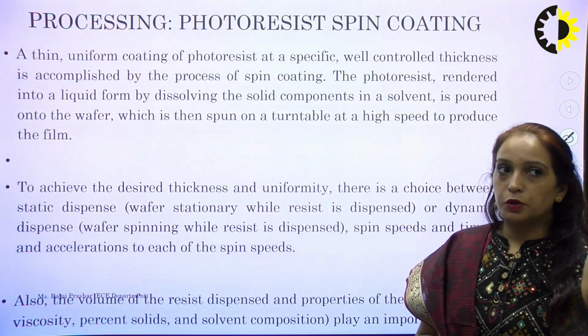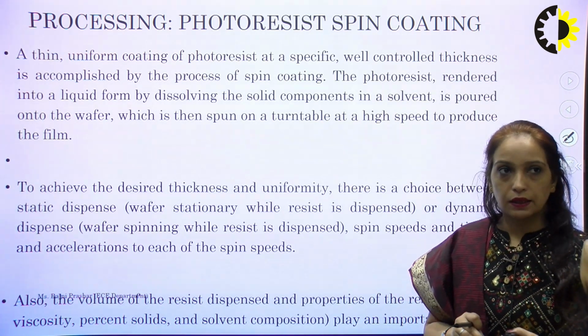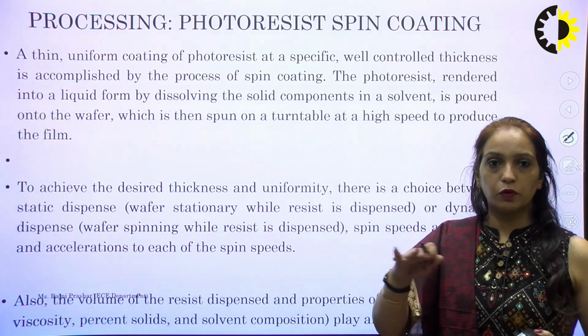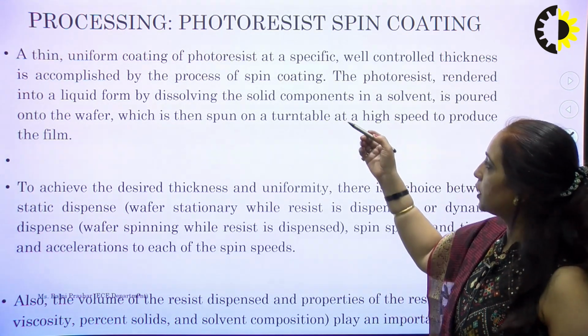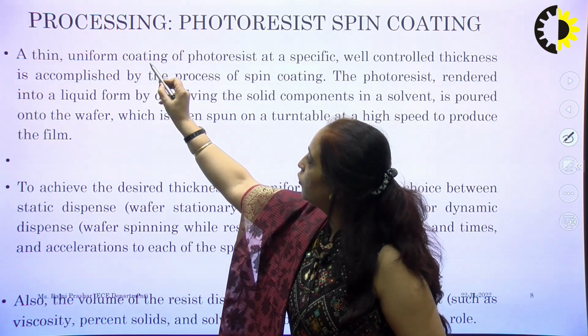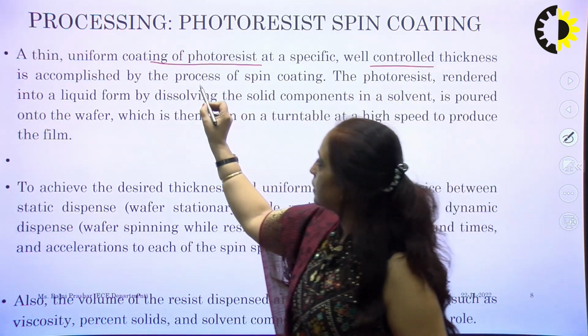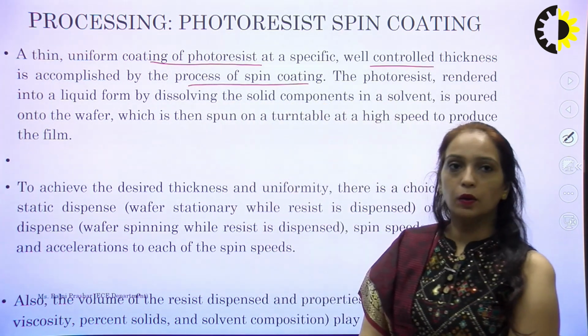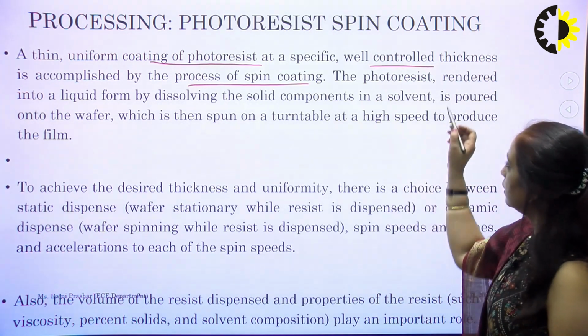Next processing step is, now your wafer is very much clean, no particle contamination is there. Now your next step is we have to paste the photoresist material over that substrate. A very thin, uniform coating of photoresist material, with well controlled thickness, is done with the help of the spin coating process. The photoresist is in a liquid form.